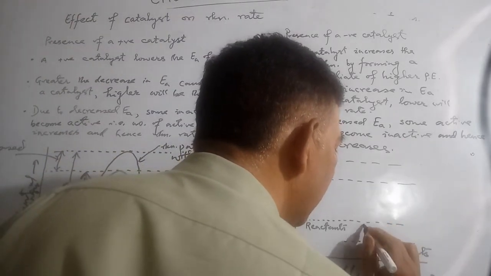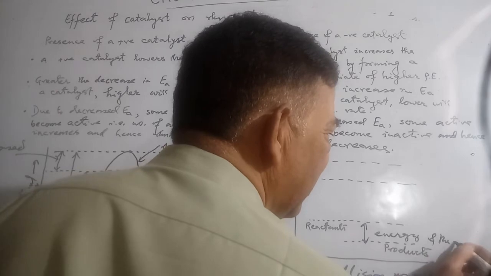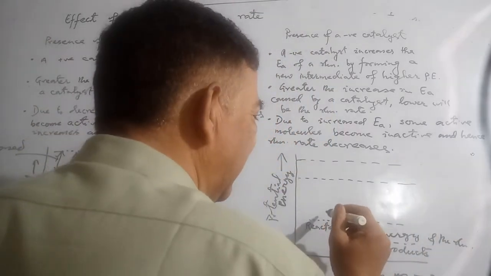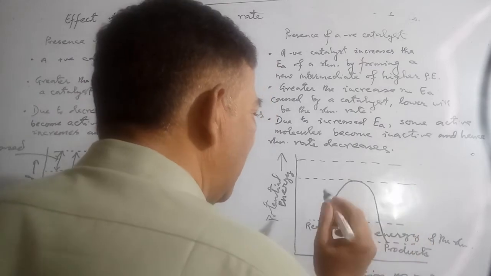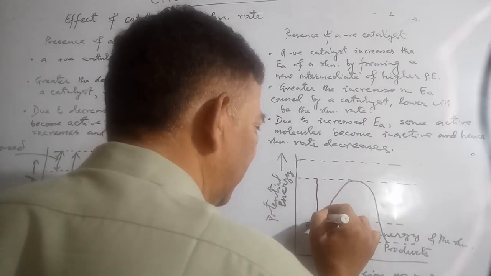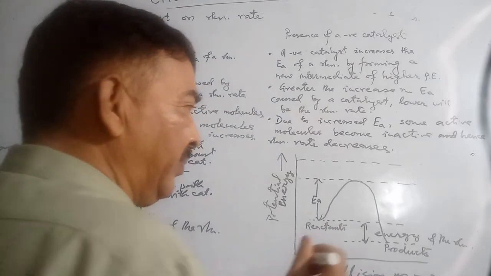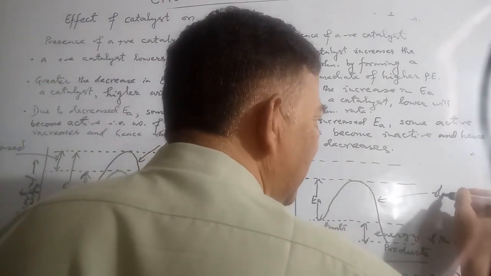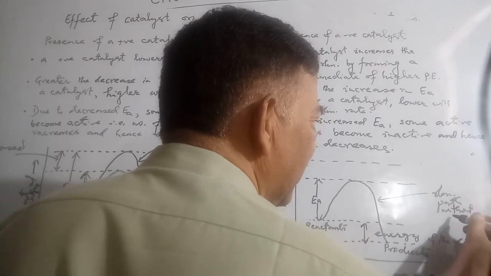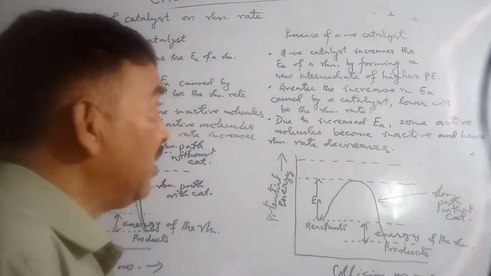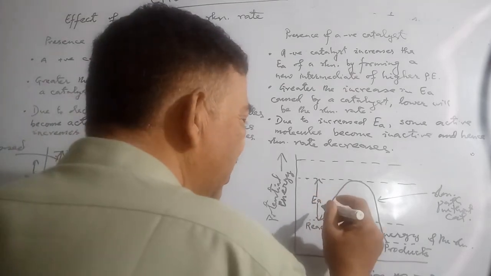So the difference is the energy of the reaction, and this is the activation energy of the reaction. This is the reaction path without catalyst. Now, in the presence of a negative catalyst which increases the activation energy of the reaction, we can have this path.